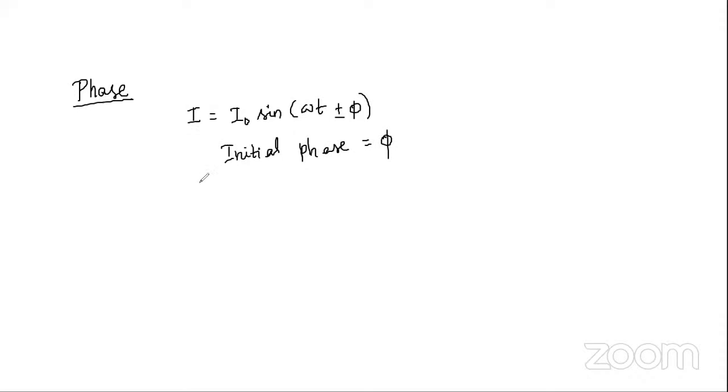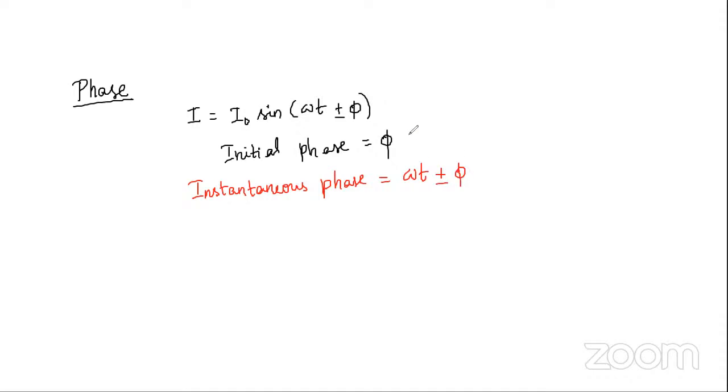and instantaneous phase, how can we find out? So instantaneous phase for a signal can be found out using omega t plus or minus phi.